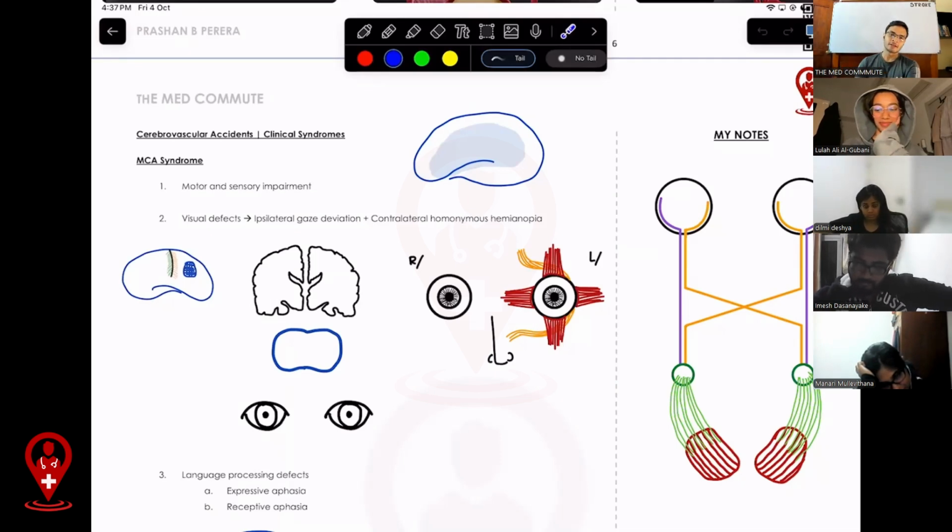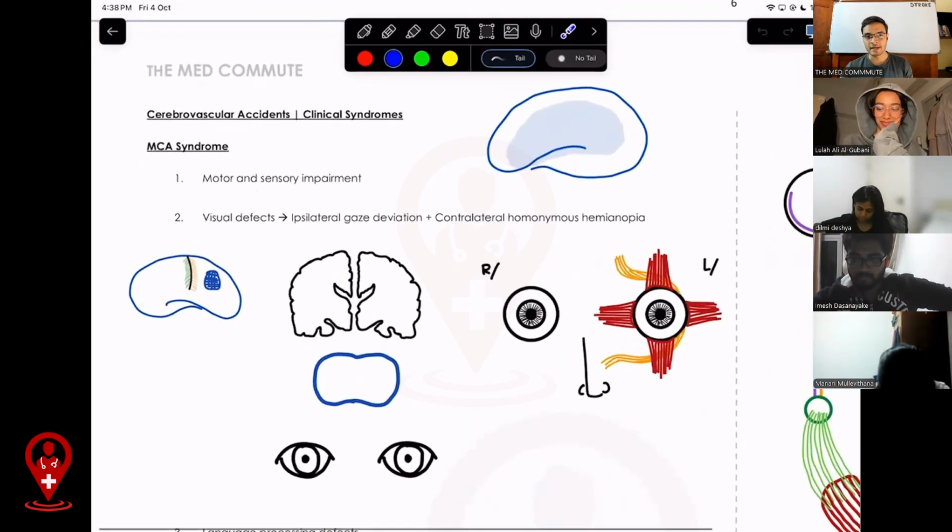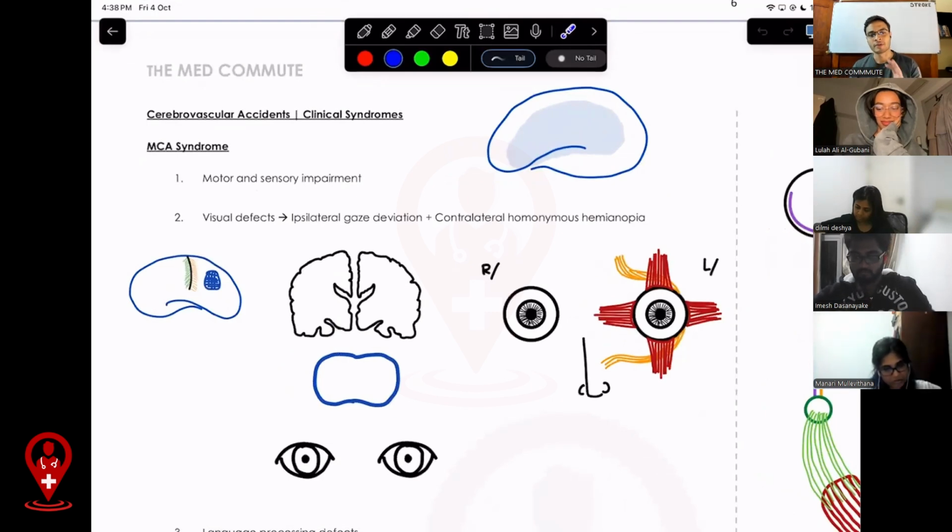Based on yesterday's material, we will start off with what we call MCA syndrome, middle cerebral artery syndrome. First, what do we mean by a syndrome? A group of clinical manifestations. When we say MCA syndrome, there is a group of manifestations associated with middle cerebral artery type strokes.